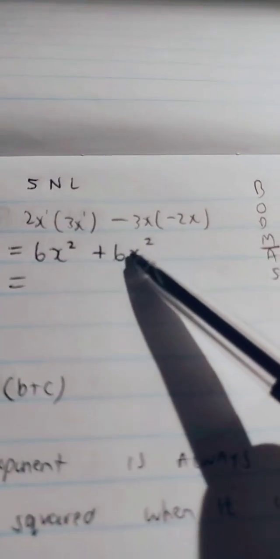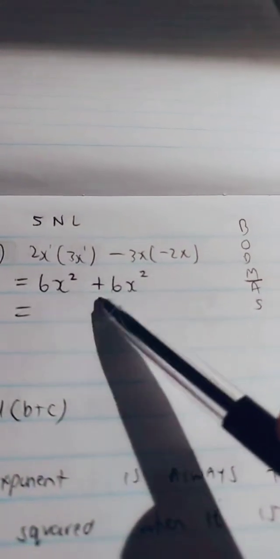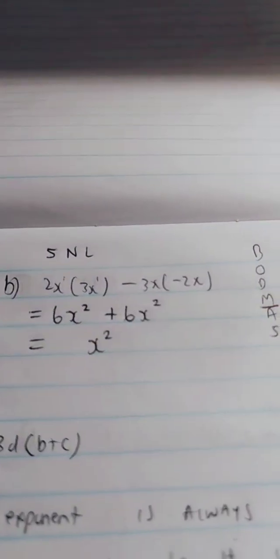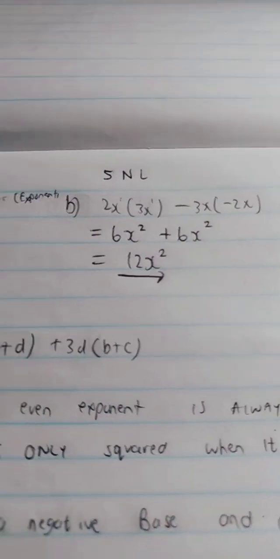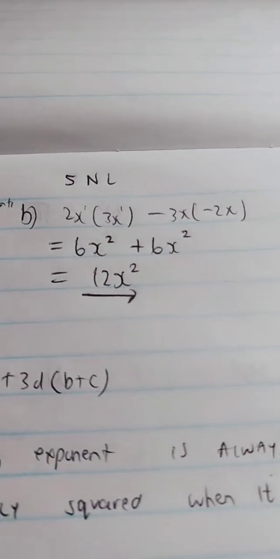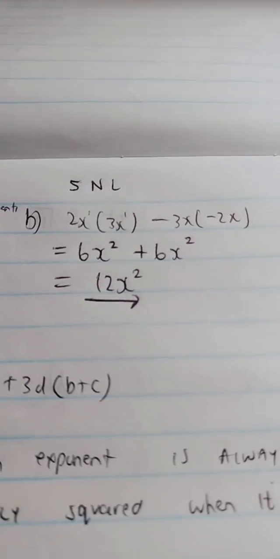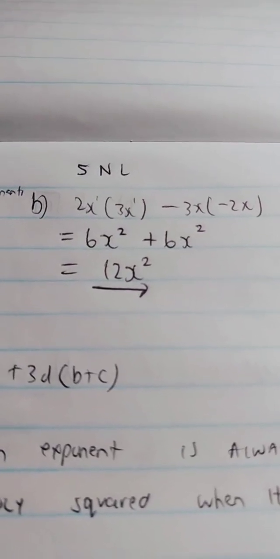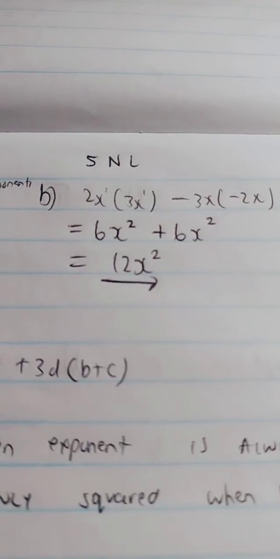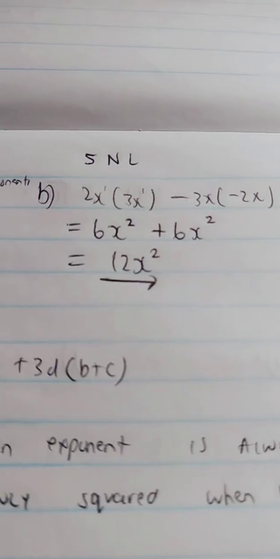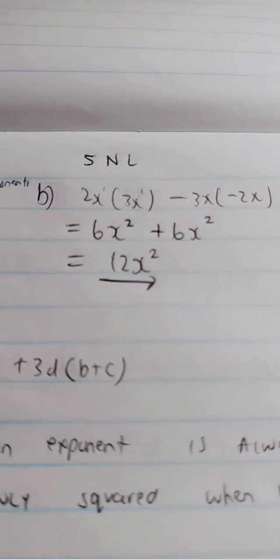These are like terms, so we keep the variable with its exponent and add the coefficients. What's 6 plus 6? It's 12. So our final answer is 12x squared. Take it in. Is it making sense?